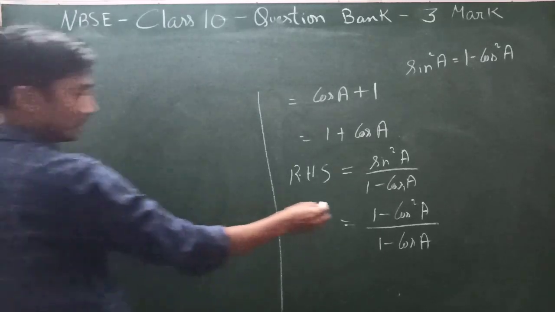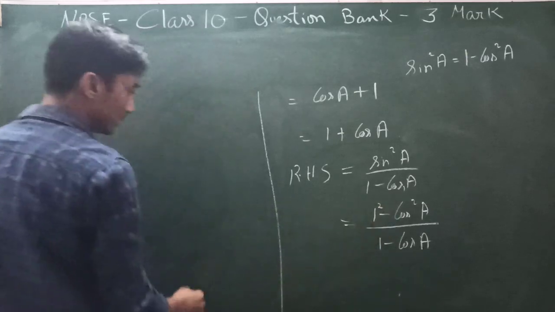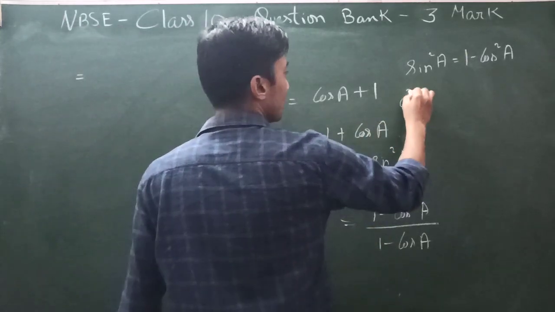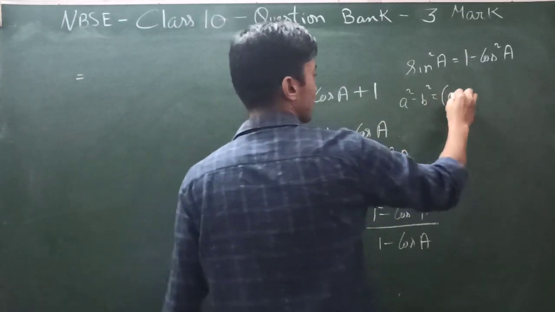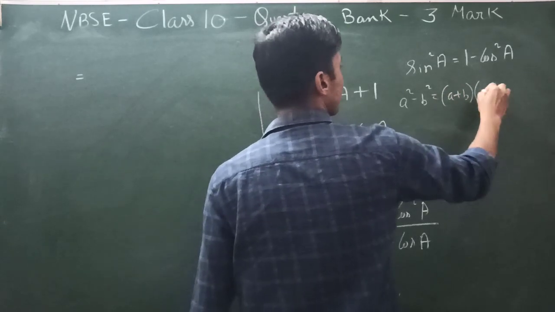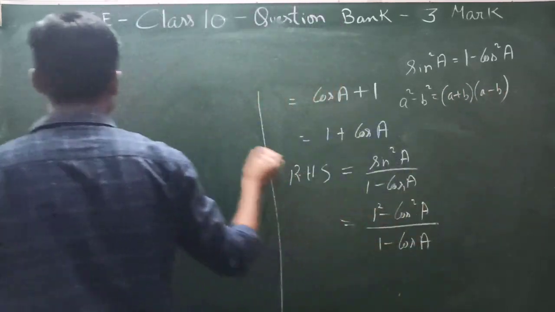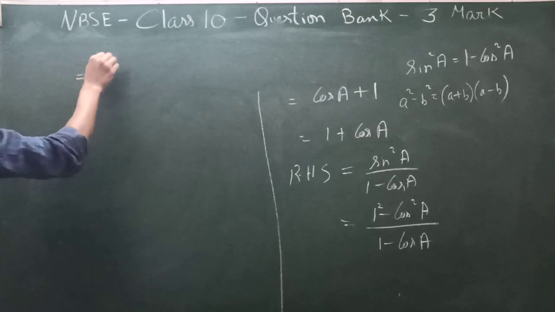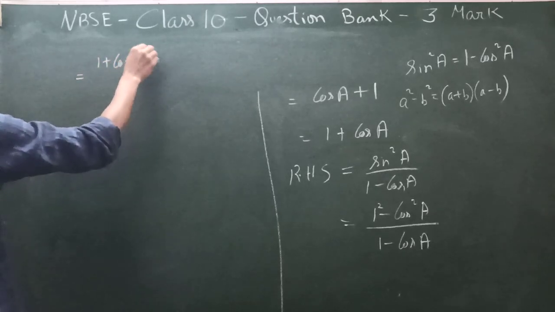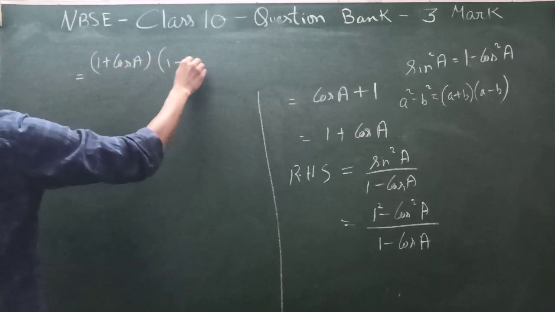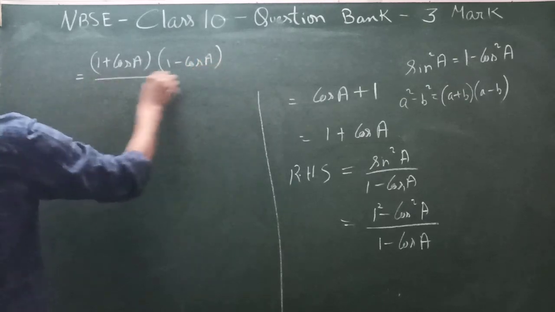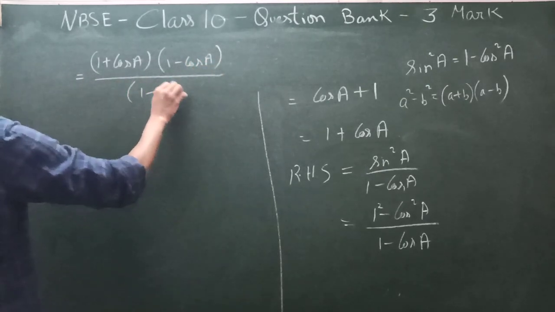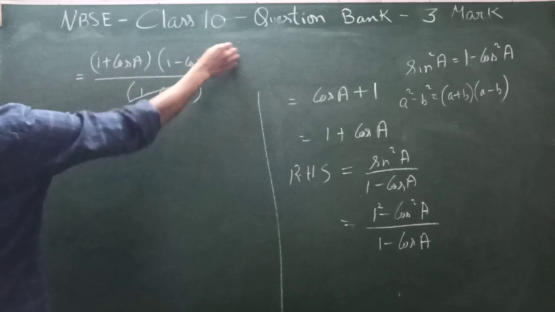Now 1, we can write as 1 square, isn't it? And we know the formula again, a square minus b square is nothing but a plus b into a minus b. So 1 square minus cos square a is 1 plus cos a into 1 minus cos a, divided by 1 minus cos a.